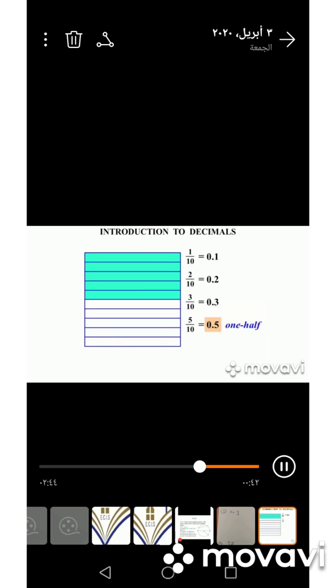If we shaded 9 parts out of 10 parts, then our fraction will be 9/10. And in the decimal form, it will be 0.9. Notice that in tenths, the decimal point is placed after one digit.